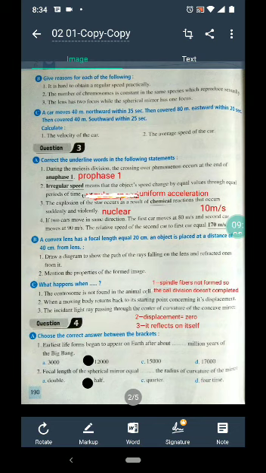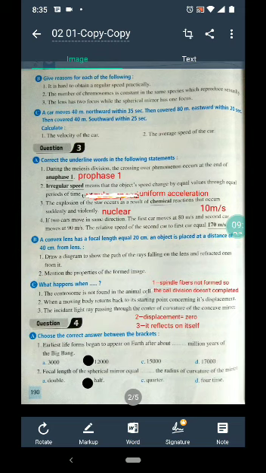After that, see what happens when the centrosome is not found in the animal cell. The centrosome is responsible for forming spindle fibers. So spindle fibers are not formed, so the cell division doesn't complete.